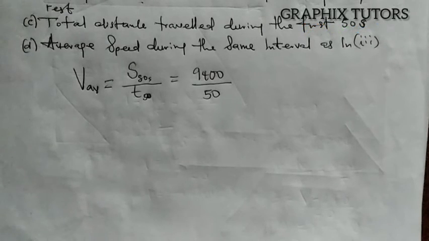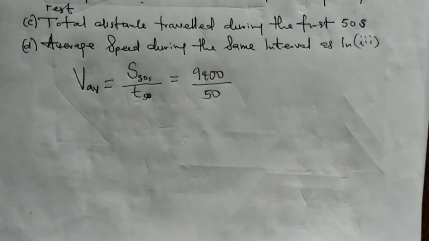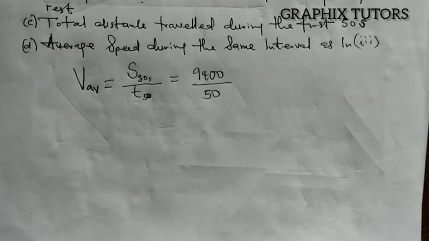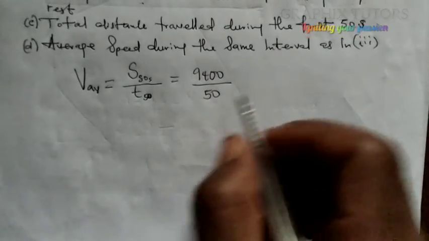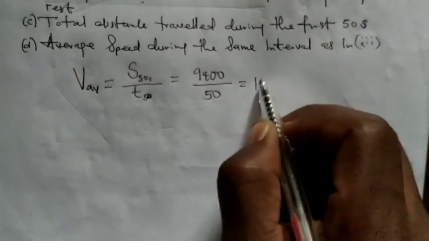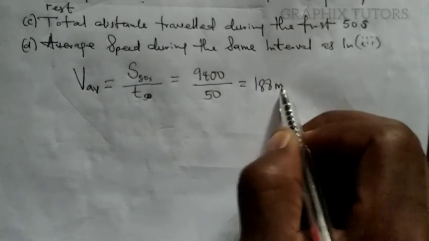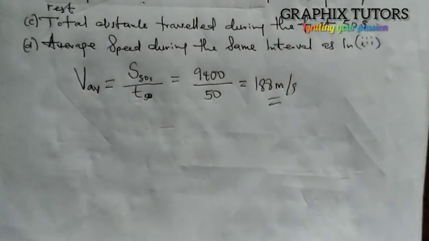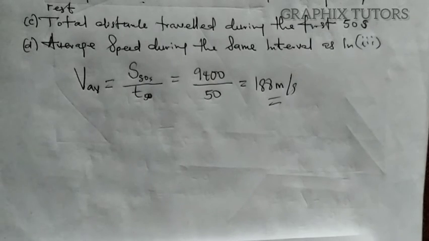That will give us 188 meter per second. So that is the average velocity during the same interval.